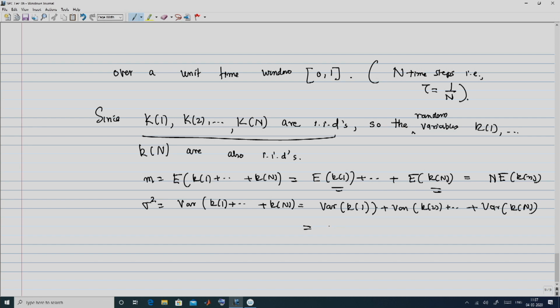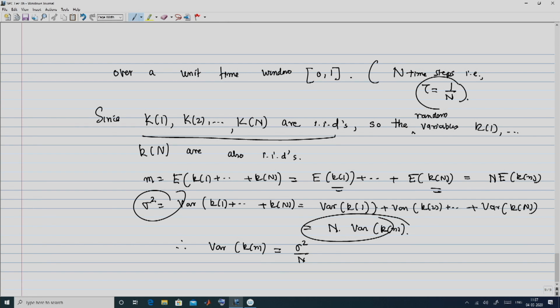So, therefore, variance of kn from this relation will become equal to sigma square over n, and remember n is 1 over tau.